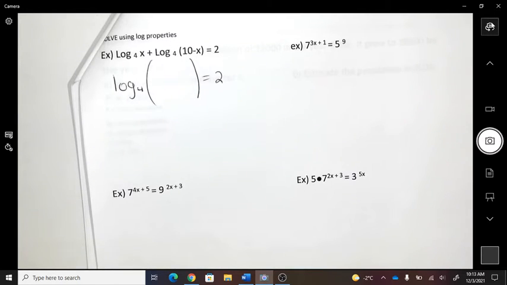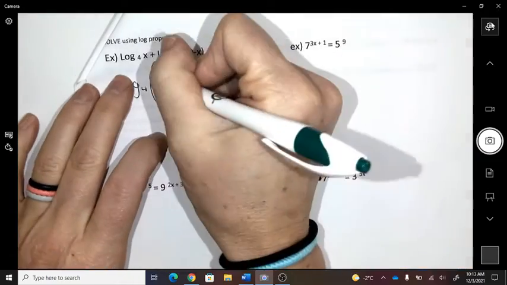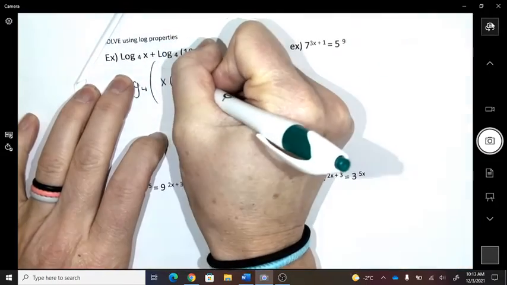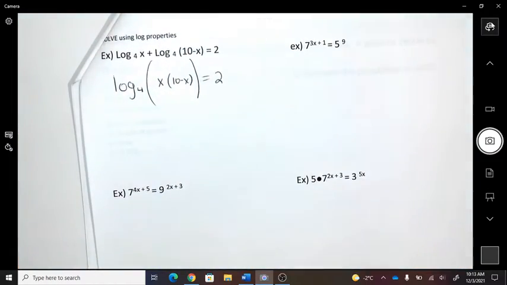So they were separated with addition. So now I'm going to times the two units together. Okay, obviously brackets are important, right?